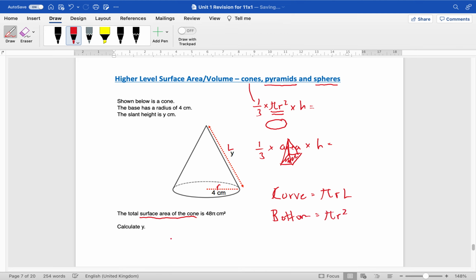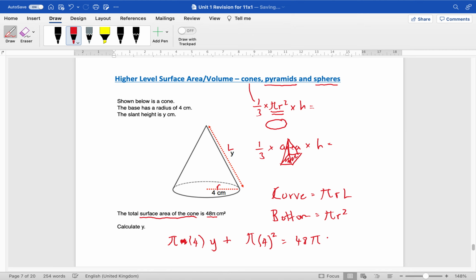So what we end up with is pi times the radius 4 times the length, which is y. Plus the bottom, which is pi times the radius squared. And we're told that the answer to the surface area is 48 pi.